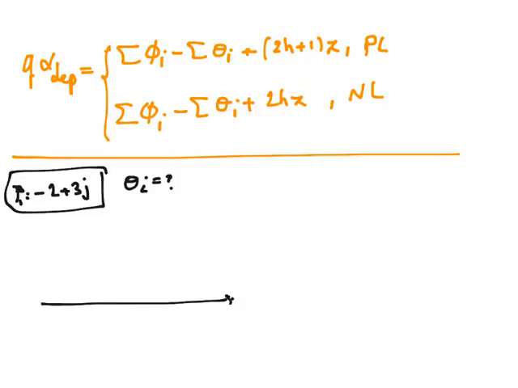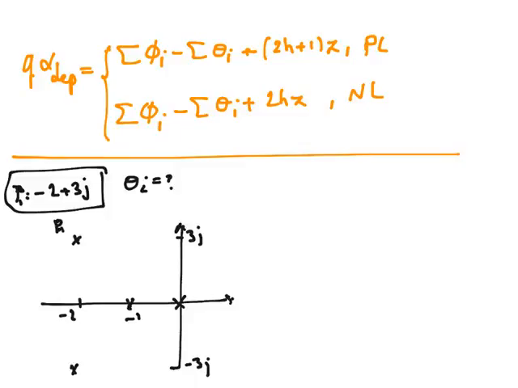By redrawing the position of the poles that we have, we have one pole at the origin, another pole at minus 1, one pole here at minus 2 plus 3j, and another pole at minus 2 minus 3j. And this is our P1.